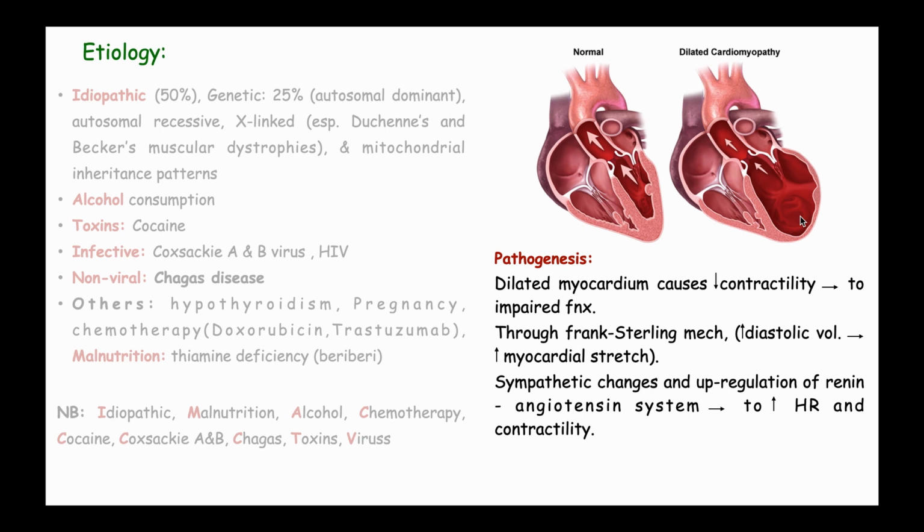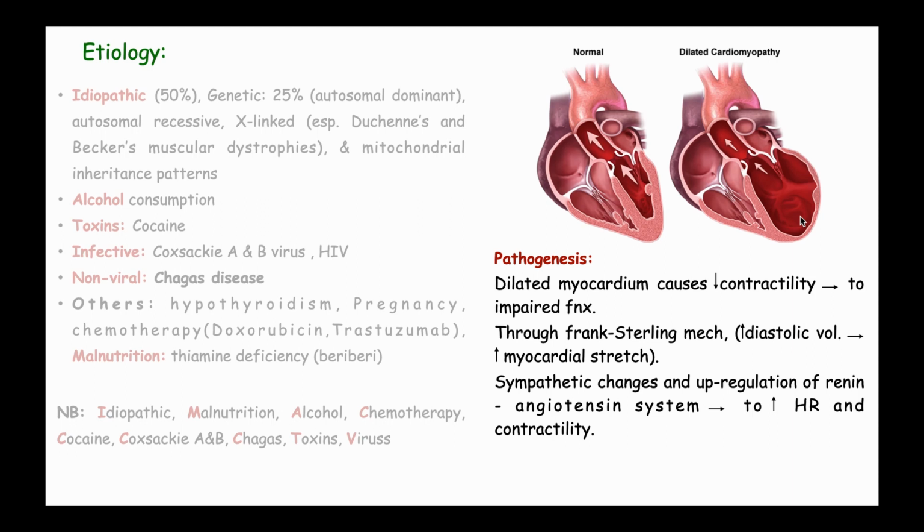Now, this dilatation is associated with decreased contractile function, because it loses its strength, it loses its power of contracting to push the blood because it has become thinned out. Now, the impaired function here means that the ventricles cannot contract well to push out their blood.